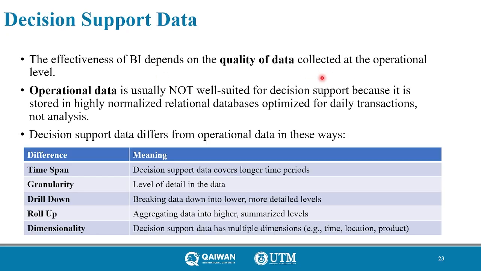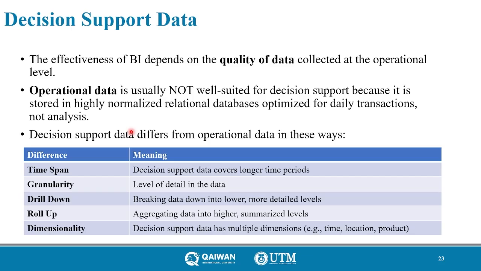Now, the data collected at the operational level, operational data, is usually not well suited for decision support because it is stored in a highly normalized relational database optimized for daily transactions, not analysis. In other words, the operational data that we get from the system that we created is not that good for, let's say, deciding whether to do this campaign or not, because it is not intended for business intelligence. It is intended for day-to-day transactions.